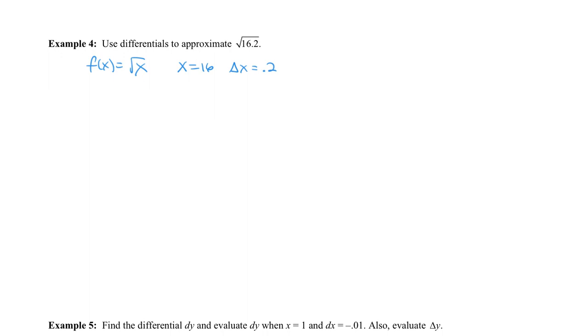So the differential dy is equal to f prime of x dx. And remember that the differential dy is approximately equal to the actual change in y. So just to mention that again, dy equals the approximate change in y.